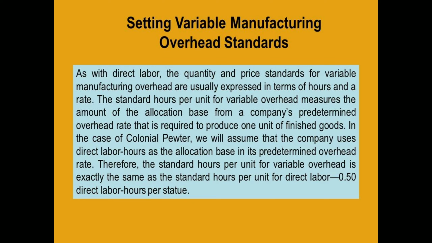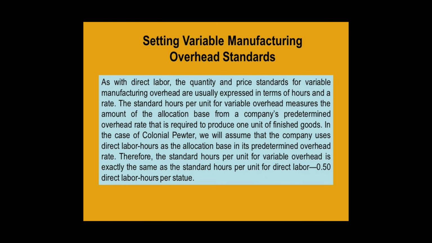In the case of Colonial Pewter, we will assume that the company uses direct labor hours as the allocation base in the predetermined overhead rate. Therefore, the standard hours per unit for variable overhead is exactly the same as the standard hours per unit for direct labor, which is 0.50 direct labor hours per statue.